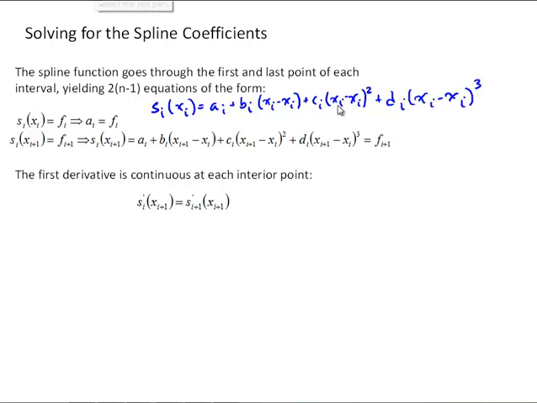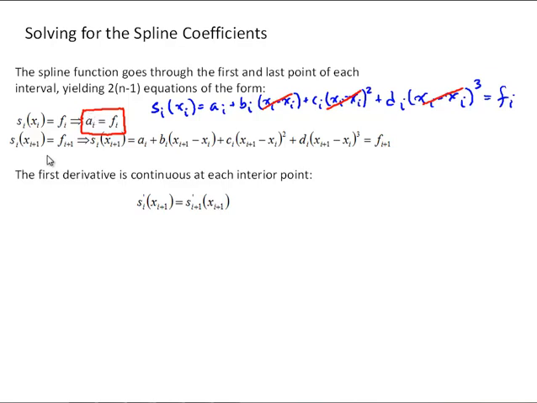So all of these terms go away to 0, and this is equal to the value at that point, fi. So that's where we're left with this equation, ai is equal to fi. So we'll get n minus 1 of those equations for each of our ith intervals.